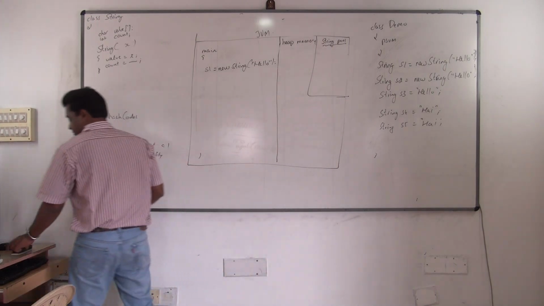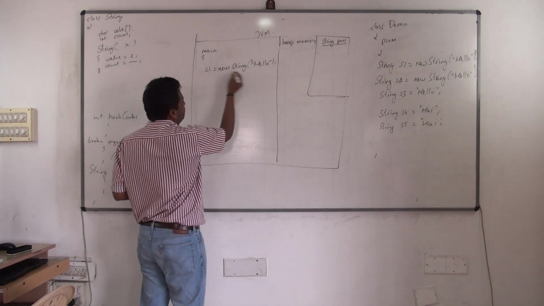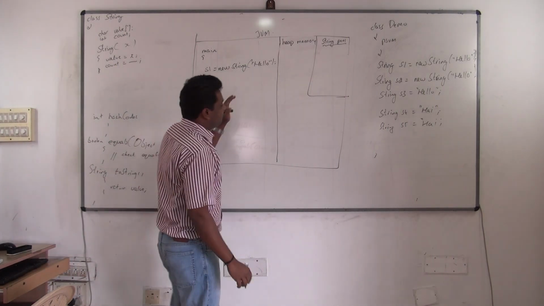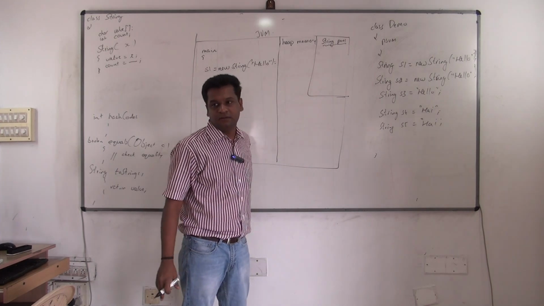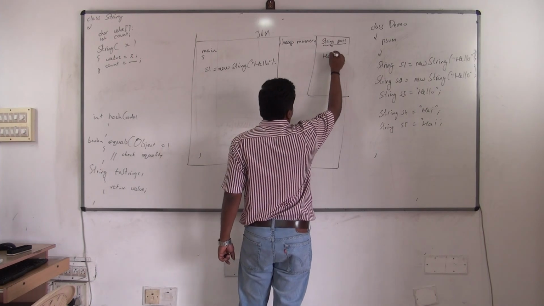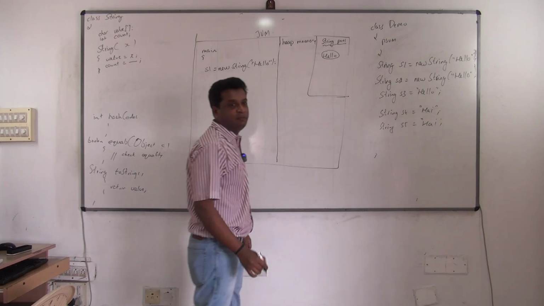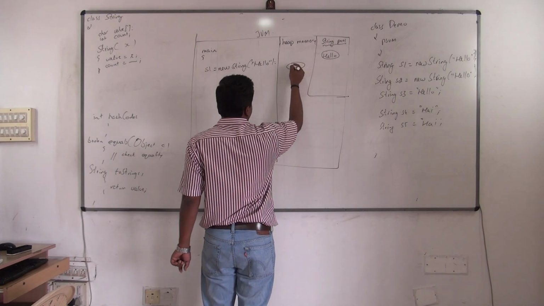Understood? So when you create a string object like this, String s1 is equal to new String of hello, first the JVM checks, is there a hello value in the pool or not? First it checks. It is not there the first time, so it will create one string object inside the pool and one more string object outside the pool, like this.